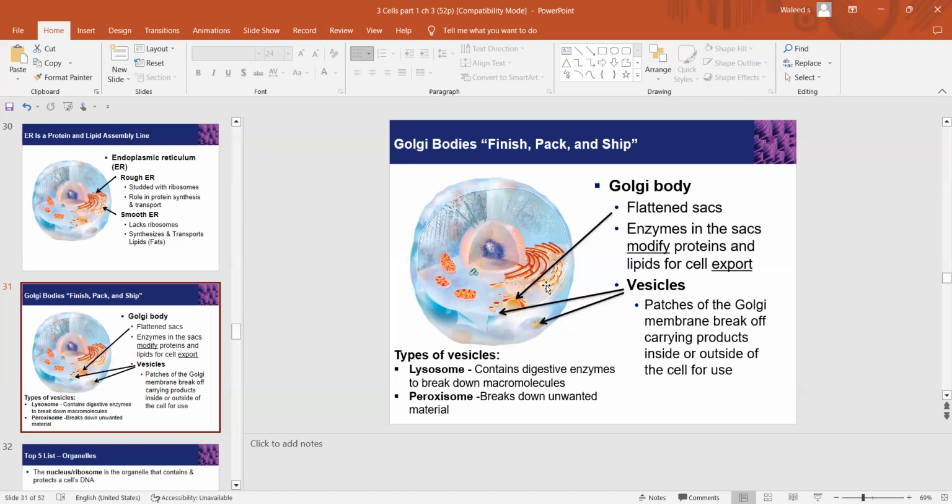I always try to compare it to a factory. Let's say the rough endoplasmic reticulum, instead of making proteins, is making TVs. The TV that we make here is not completely ready. It's just parts put together, and when we send it to the finishing deck, or the finishing body, you take the TVs and paint them. You add different things to look nice.